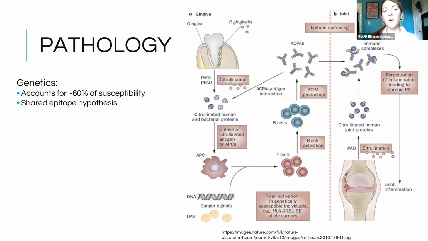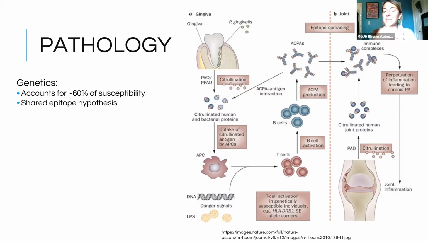And there's this concept of the shared epitope, which we're not going to delve too deeply into. There's epitope spreading, meaning that a pathologic thing you're exposed to, say a bacteria, that your body recognizes as foreign, starts attacking.